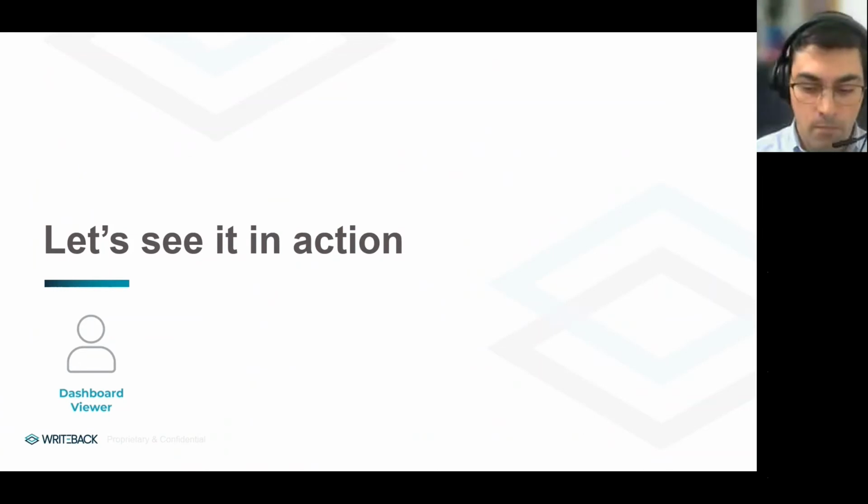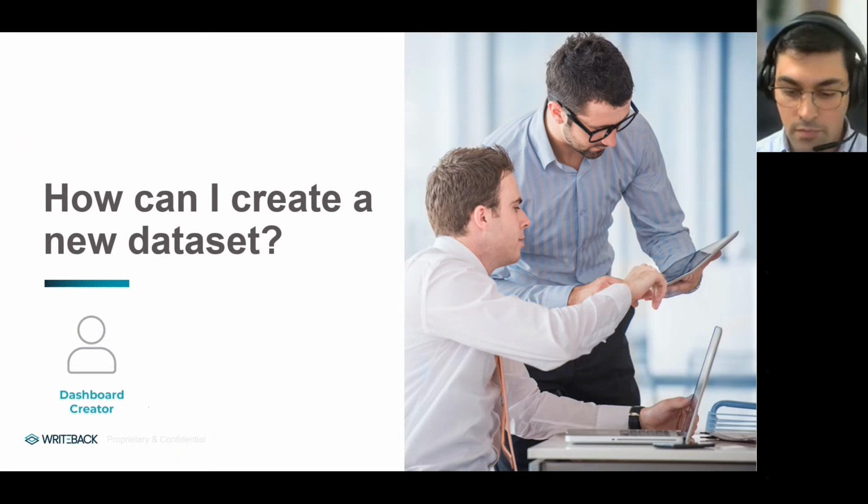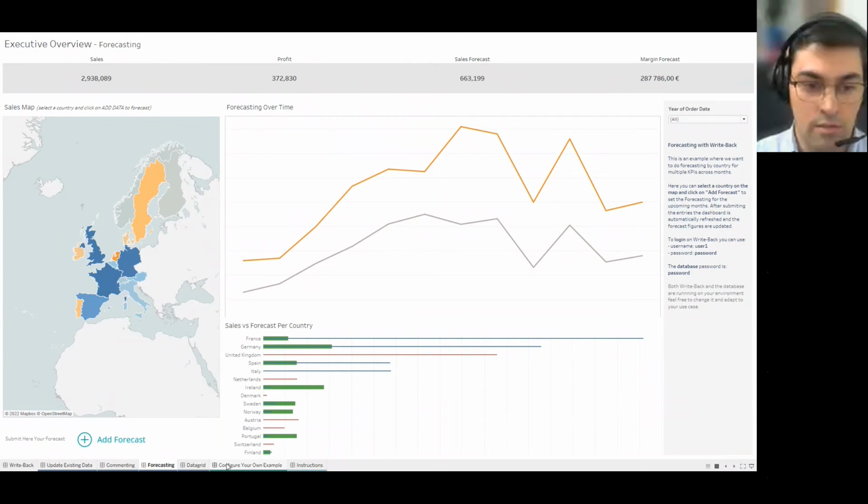Now, we've been seeing this so far from a viewer perspective, someone that's actually going to interact with writeback and make the comments, make the value adjustments, and all of that. Now, from a creator perspective, or the dashboard designer, whoever is going to develop the dashboards, there's also additional information that we have on it.